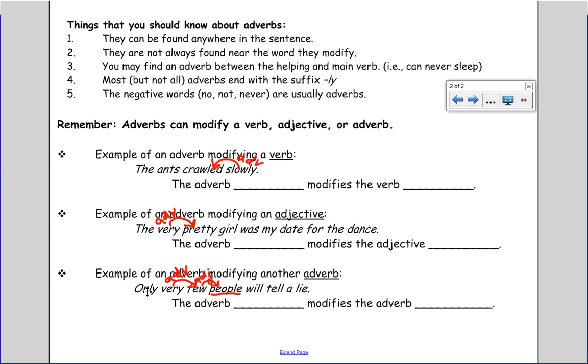And then finally, we have an adverb modifying another adverb. So this is a chain of arrows here. So the adverb only modifies the adverb very. So those are examples of adverbs modifying all three parts of speech that are possible. So I want you to move on and start practicing the adverb sentence labeling in your packet now.